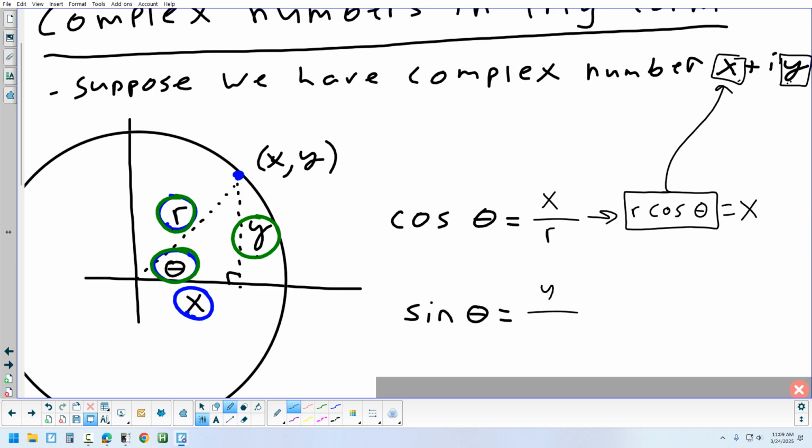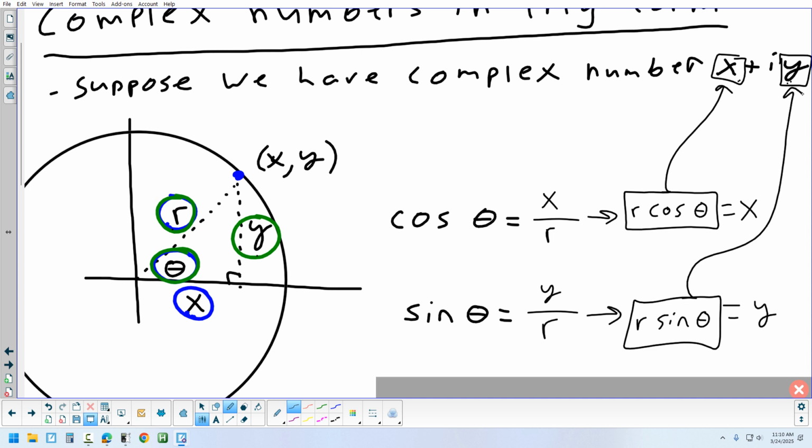So sine is opposite over hypotenuse, which means y would equal r sine theta. So now we have a way to describe the vertical, the up and the down, without using the letter y. We can say r sine theta instead.